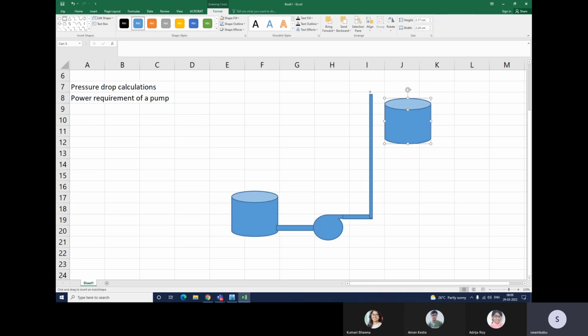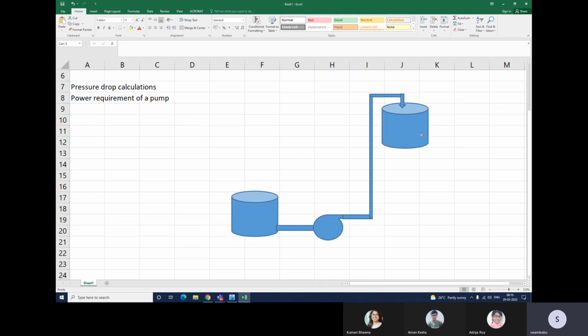So I am just making this piping network to give a visualization experience. How do we set these conditions in this process simulator? I just wanted to explain, because we want to make it more and more industrially realistic.